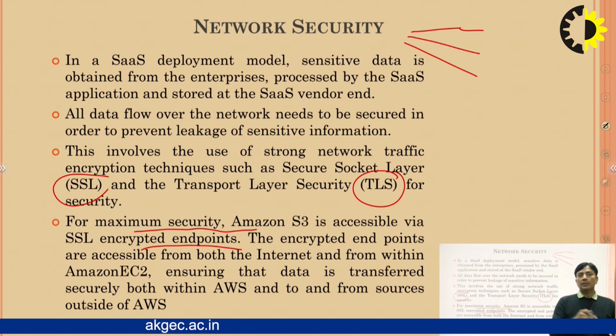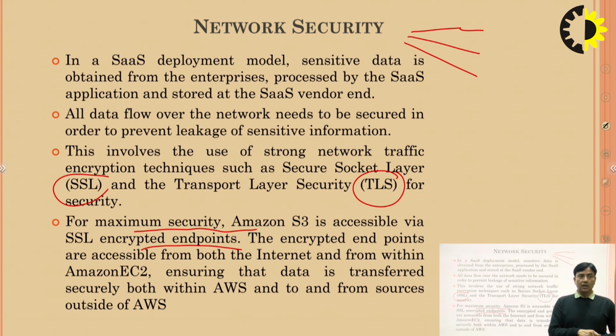Amazon EC2 is basically the cloud compute facility provided by Amazon, ensuring that the data is transferred securely both within AWS, Amazon Web Services, and to and from sources outside AWS.